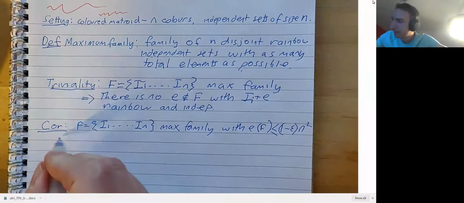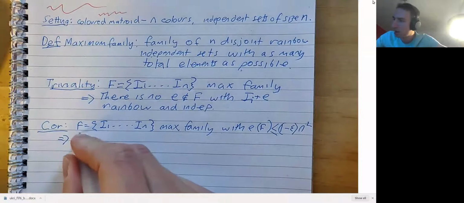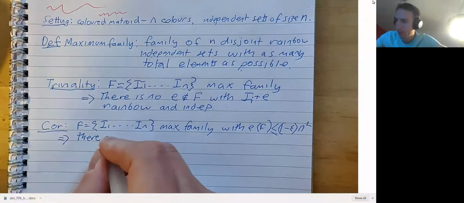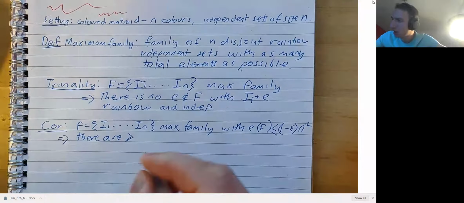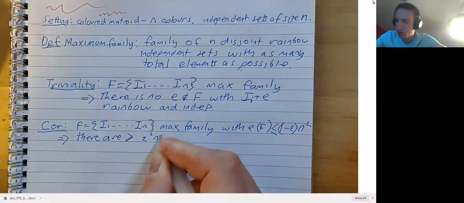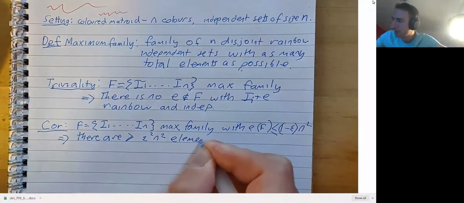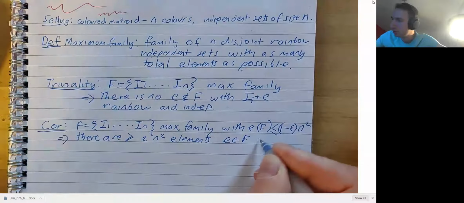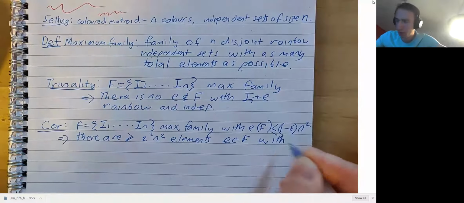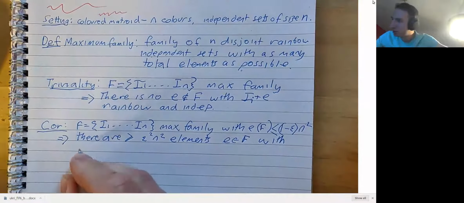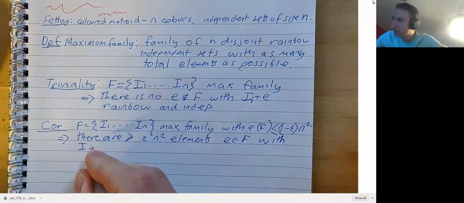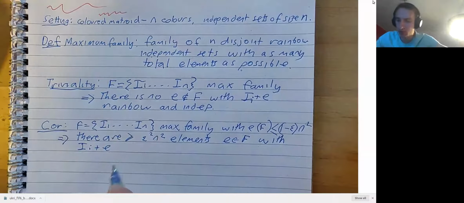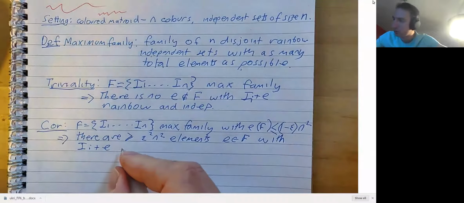Then the consequence is that there are at least epsilon squared n squared elements in the family, which you can add to some of these independent sets in the family to get something that's also rainbow and independent.